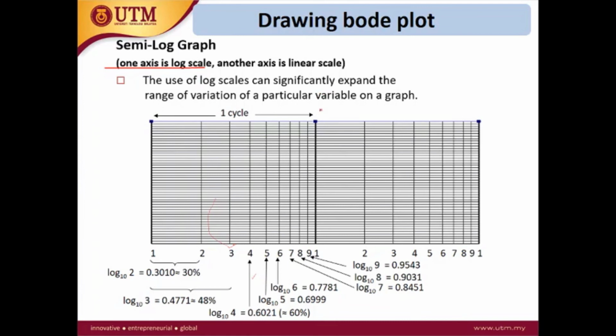If you use a linear scale, let's say you have a wide range of data values. For example, you have 1 Hz, 10 Hz, 1000 Hz, and 50,000.